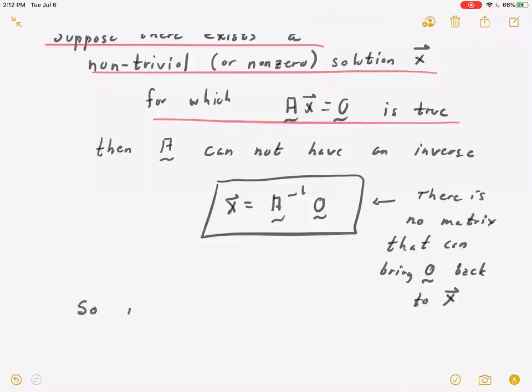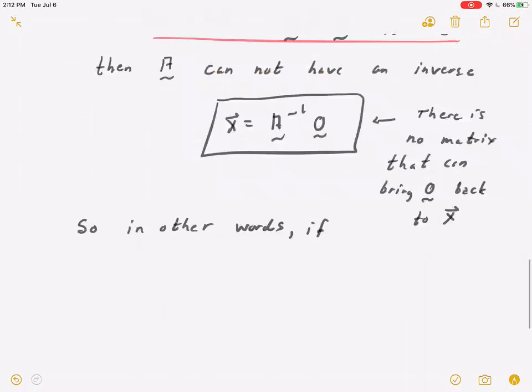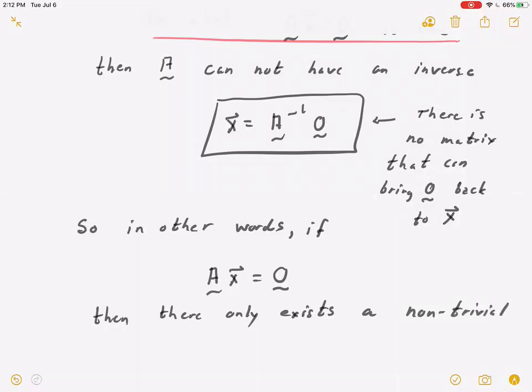So, in other words, if in fact you have a case where A times x equals 0, where A is a square matrix, then a non-trivial solution will exist if and only if the determinant of A is 0, or A is singular.